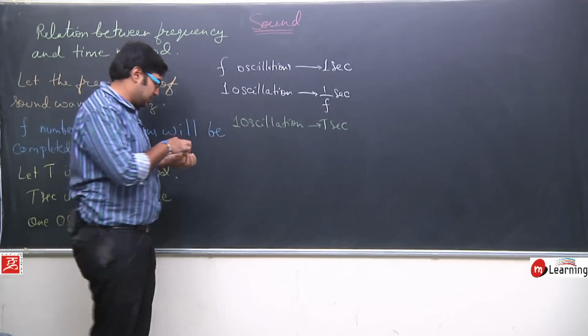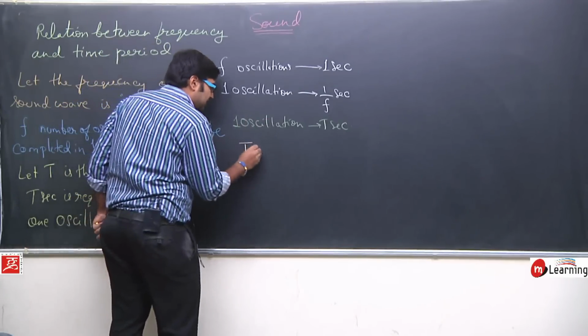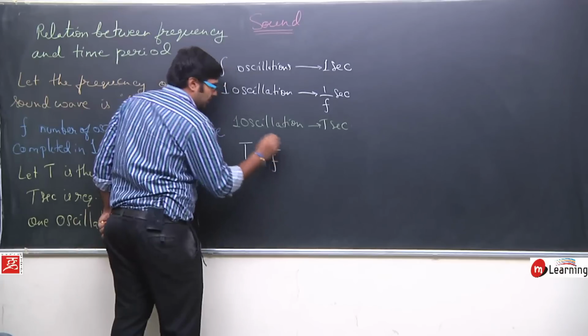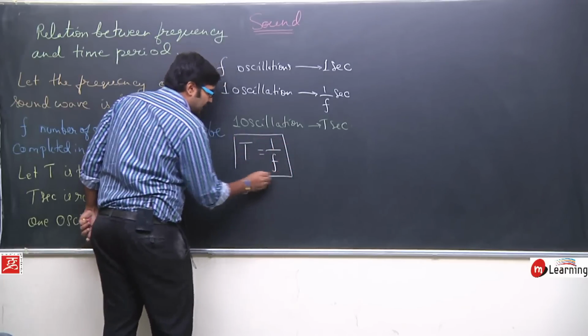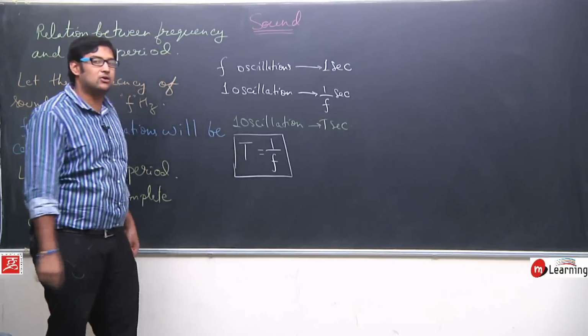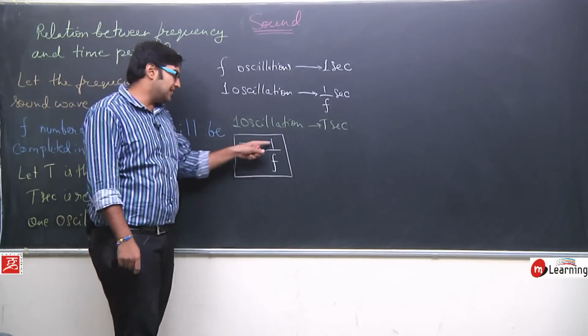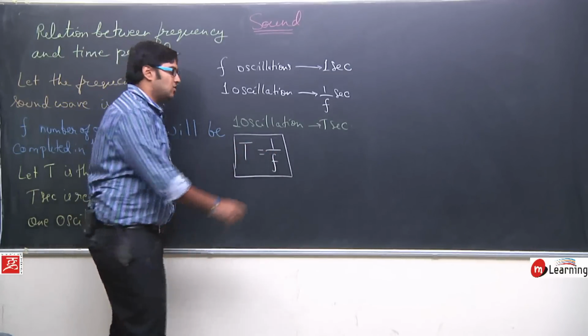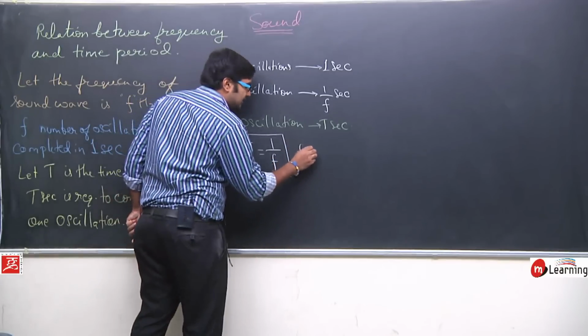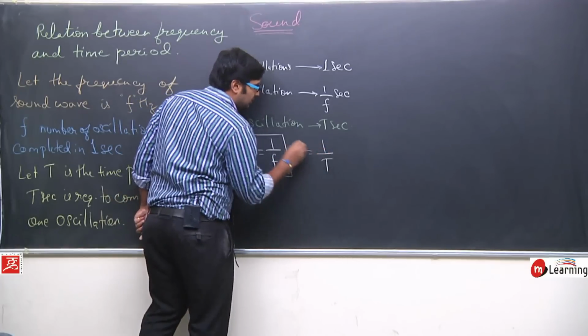It means I can write T is equal to 1 upon f. So the time period of a sound wave is equal to the reciprocal of frequency, or I can write frequency is equal to 1 upon time period.